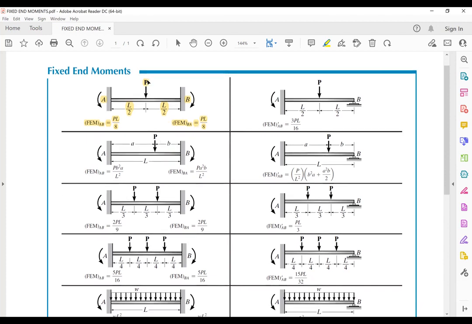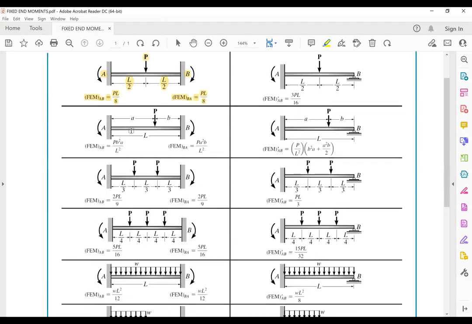When the point load is right in the middle, the fixed end moment at both ends is the same. But if the load is skewed towards the right, where we have a length A and a length B, then this becomes your general equation for the fixed end moment.